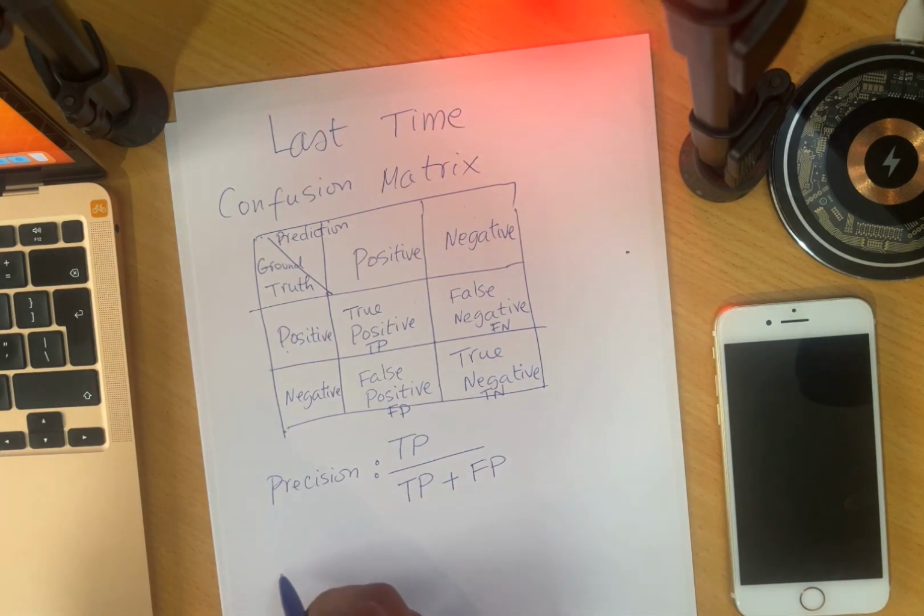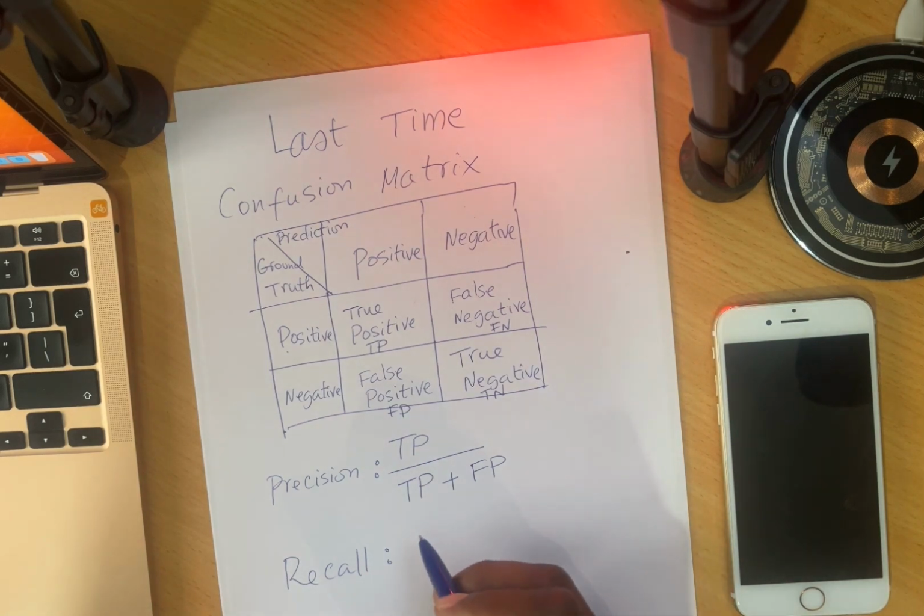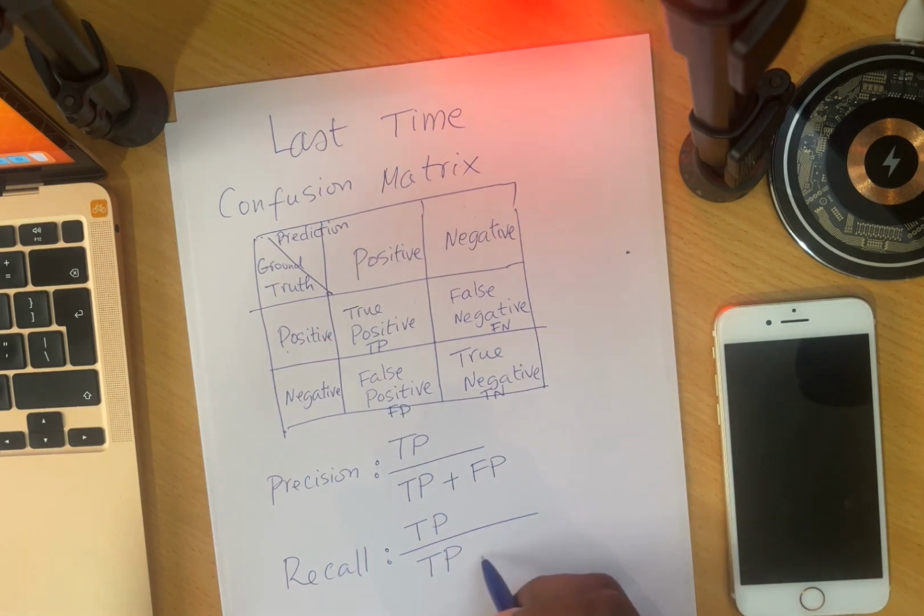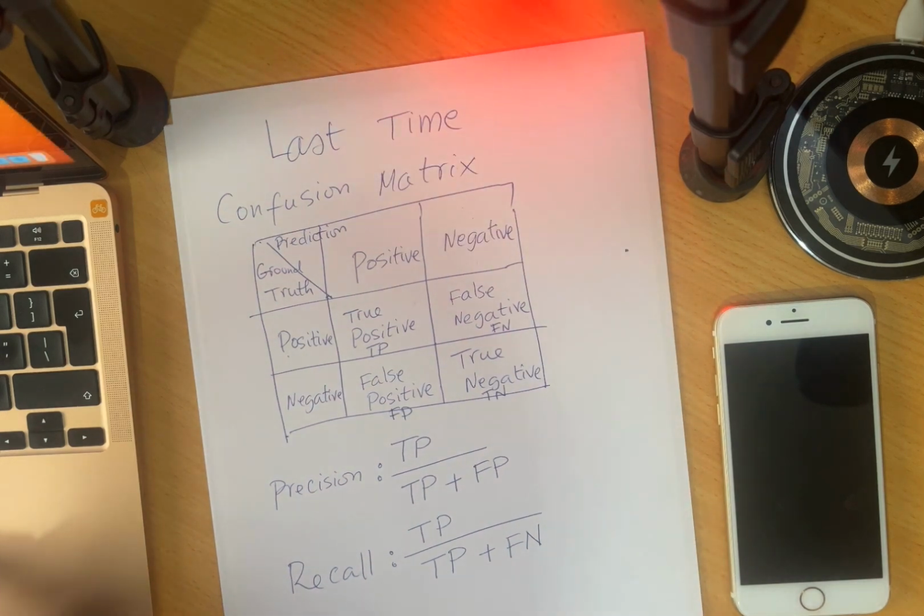And recall is calculated by taking the number of true positives and dividing by the sum of true positives plus false negatives. That was what we discussed last time.